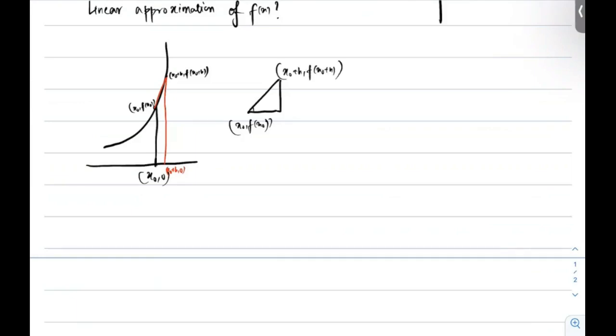And f of x naught plus h minus f of x naught by x naught plus h minus x naught, if you remember coordinate geometry, this height is nothing but this, and this length is nothing but this. So therefore this is nothing but the tan theta, theta of h.